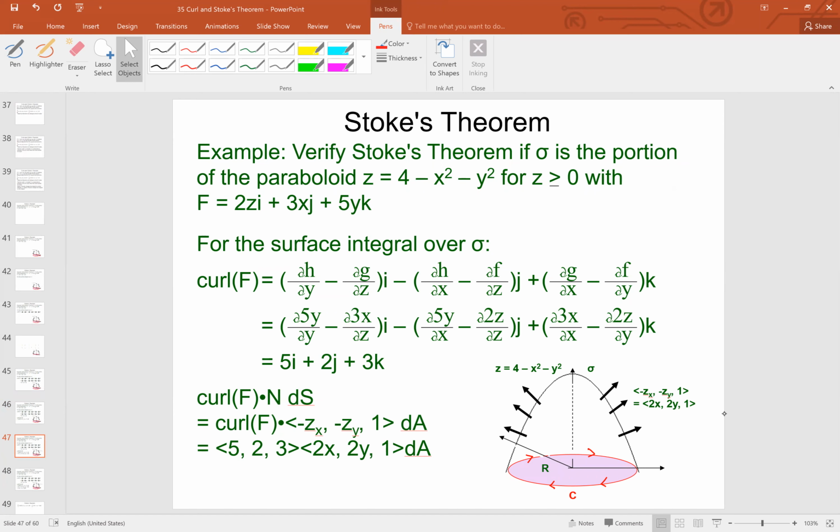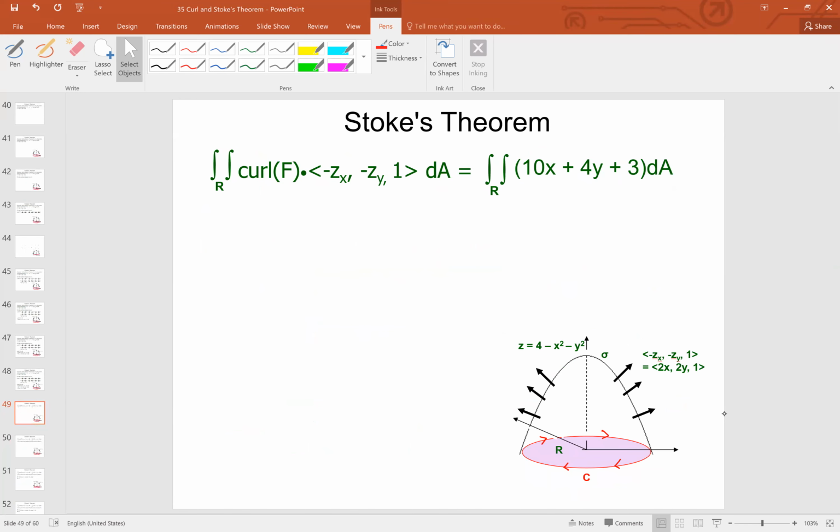That's the integral we want to integrate over dA. Remember, this is a surface integral, so we have to convert it into the domain of the surface, which is that circle.